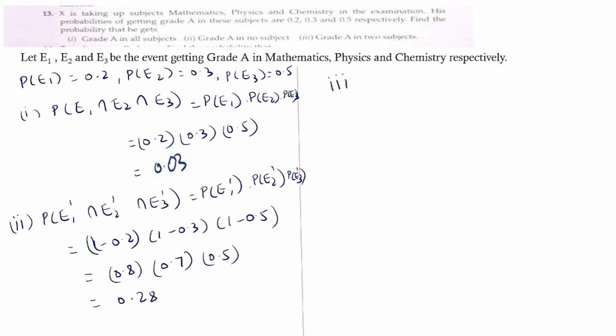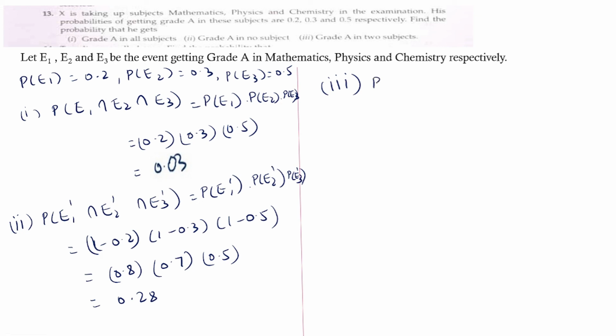And then the third subdivision. Third subdivision is grade A in 2 subjects. So grade A in 2 subjects can be either in maths physics not in chemistry, maths chemistry not in physics, and physics chemistry not in maths.